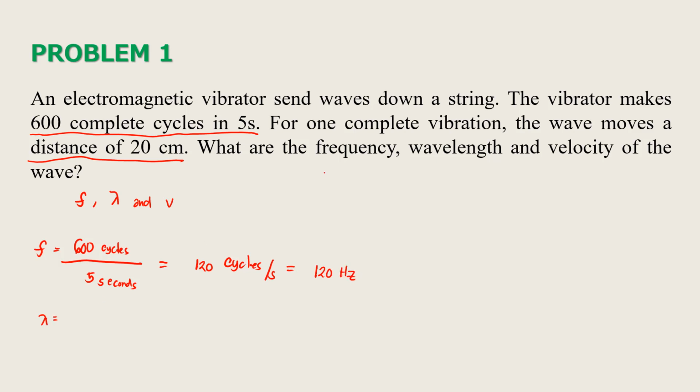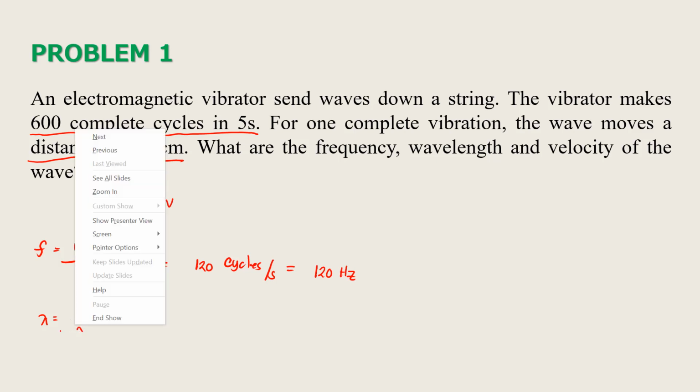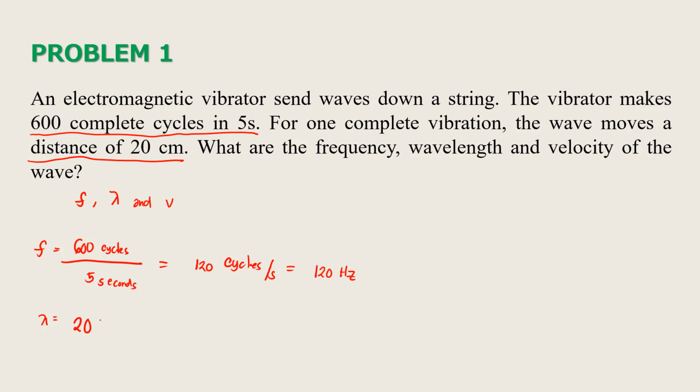We have to make use of this statement. For one complete vibration, the wave moves a distance of 20 centimeters. So that is exactly the definition of a wavelength, the length of one complete wave cycle. So the wavelength is 20 cm, or in standard units, that is 0.2 meter.